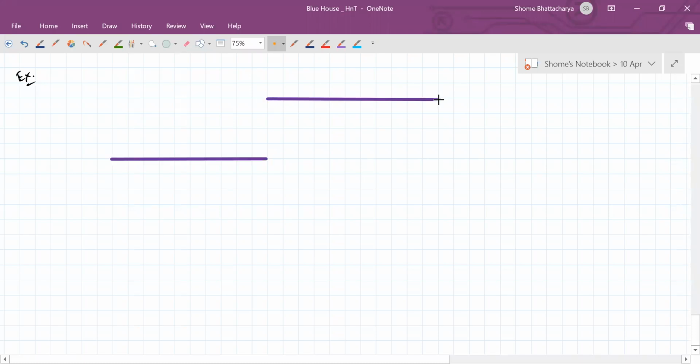There are, let's say, three identical metallic heat conductors connected like this. So these are all of length L each and made of material of conductivity K1. Okay, and have area of cross section A1 each.